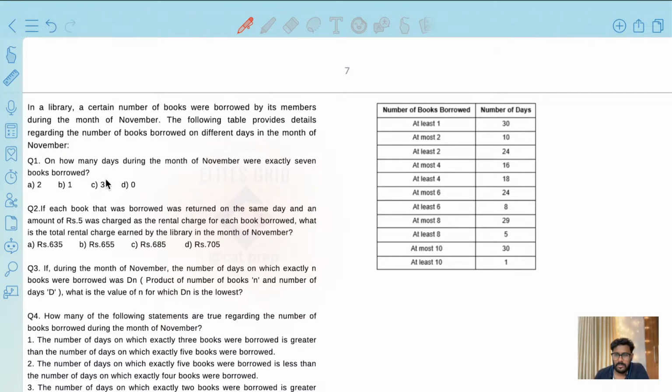November is 30 days, right? So in a library, a certain number of books were borrowed by its members during the month of November. The following table provides details regarding the number of books borrowed on different days.